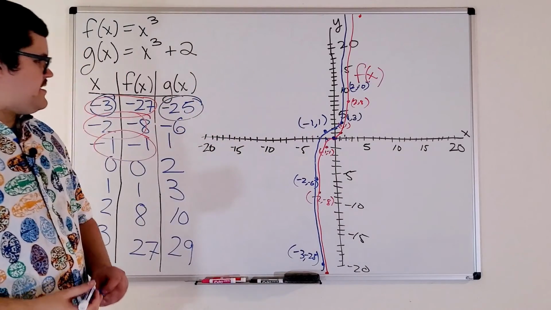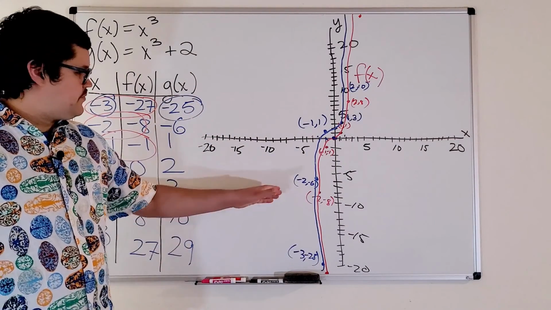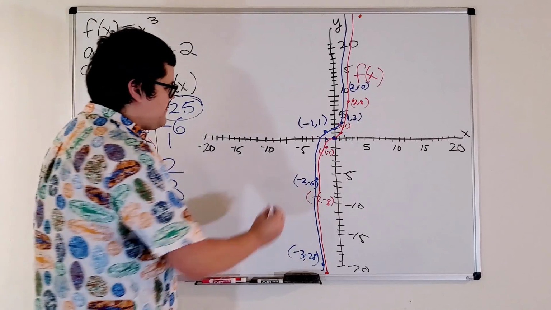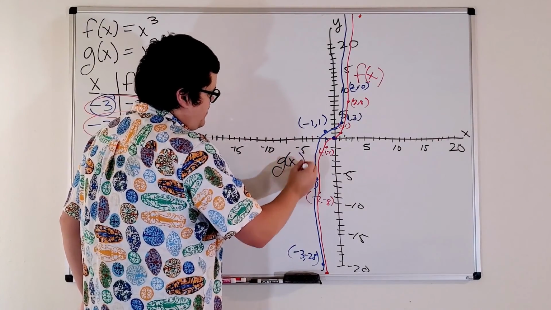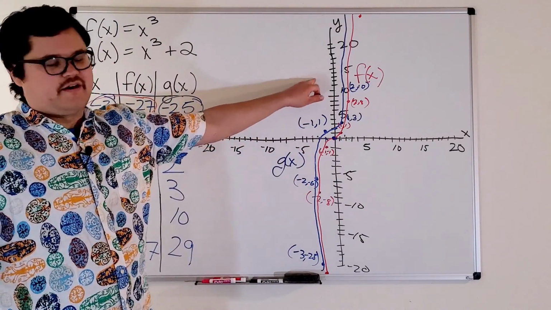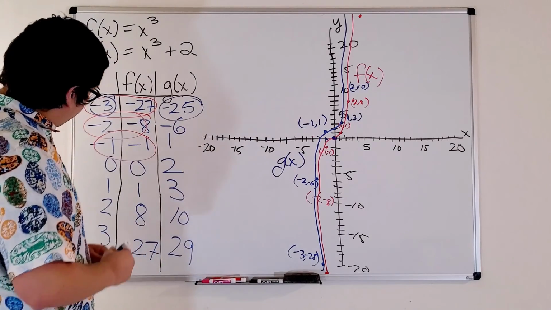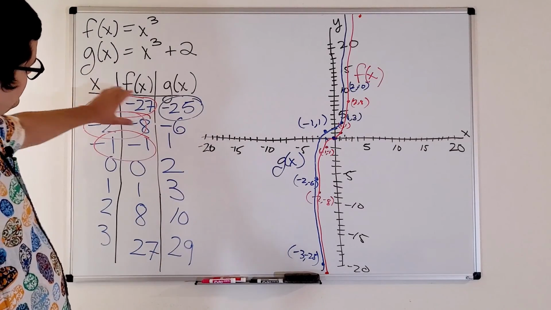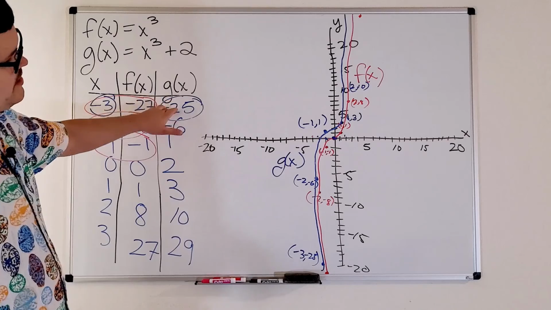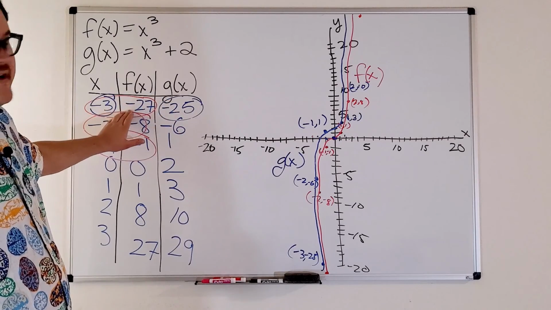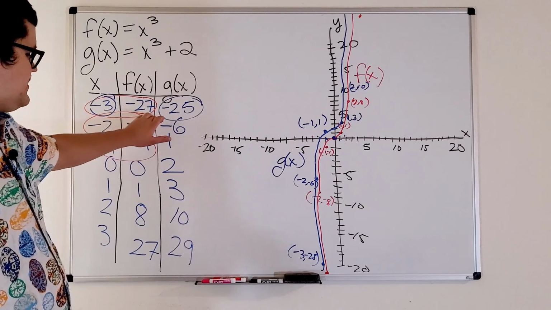Now the question is, how does this blue graph, g of x, compare to the red graph, f of x? Well, if you'll notice, each of these y points for g of x were 2 more than the corresponding y point for f of x.